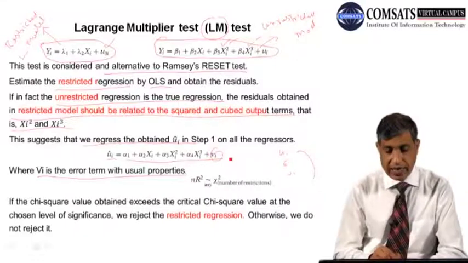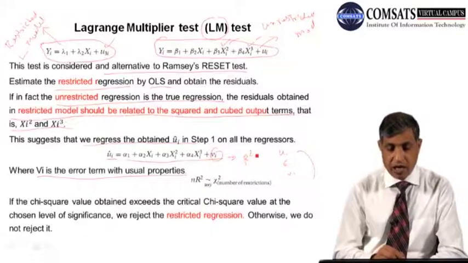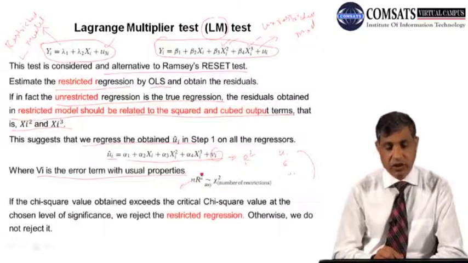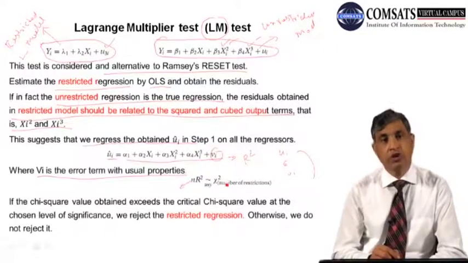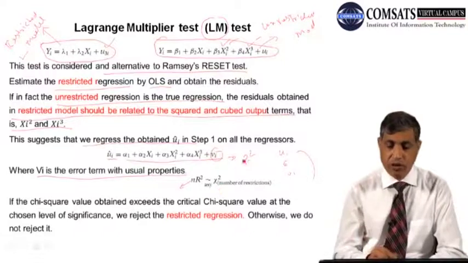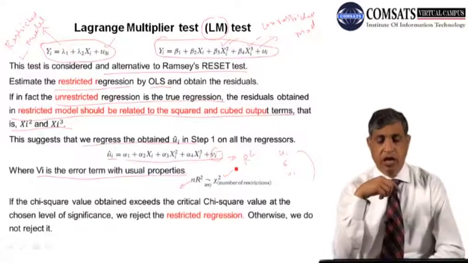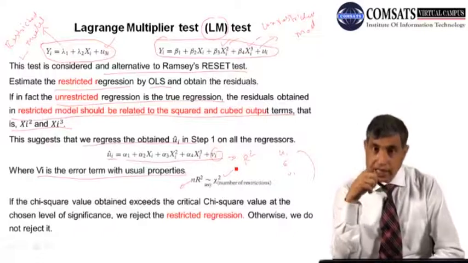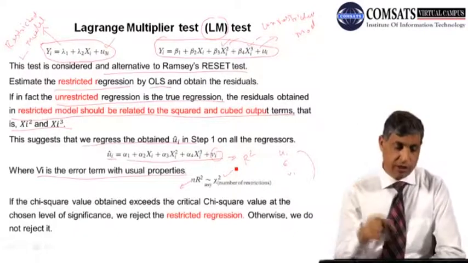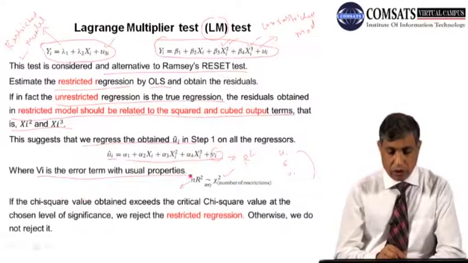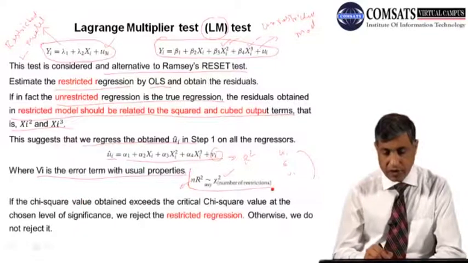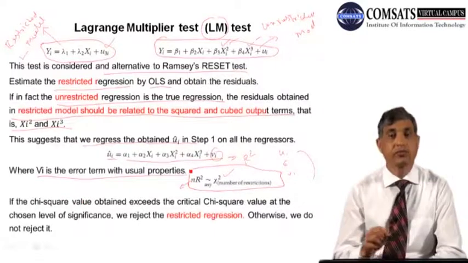Now, if you get R square from here, n R square, where n is the number of observations, asymptotically in a large sample follows the chi-square distribution. Now you will calculate the calculated chi-square value.